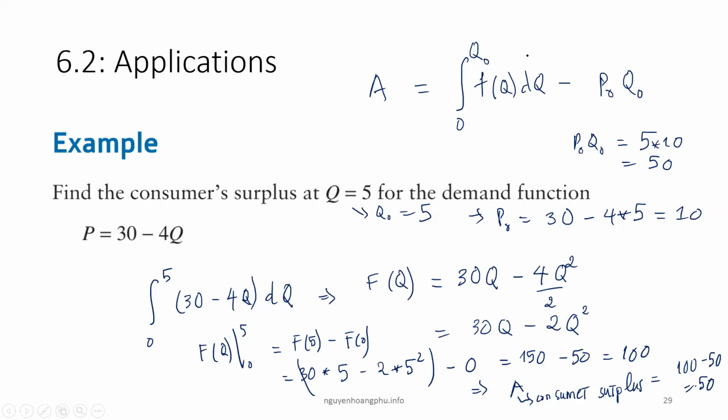So now we try another exercise. Let's say P equals 4Q minus Q square.